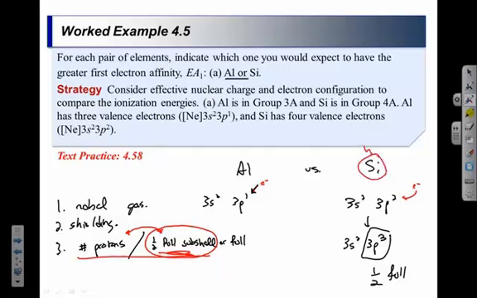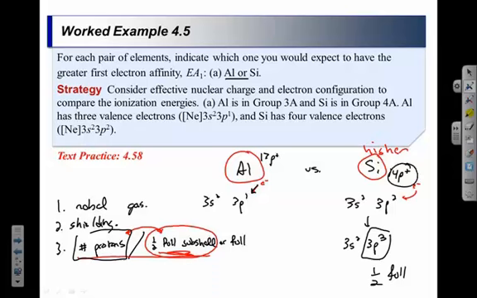This should have a slightly higher electron affinity than aluminum. Well, also the other factor suggests the same thing. Silicon has 14 protons, aluminum has 13. So the extra positive charge also helps to attract a new electron in there. So there's really 2 reasons that you can invoke to explain that.